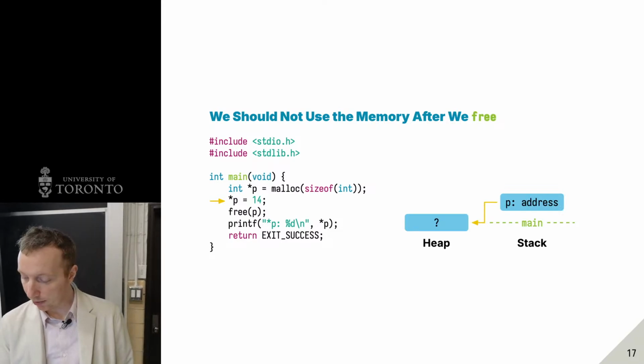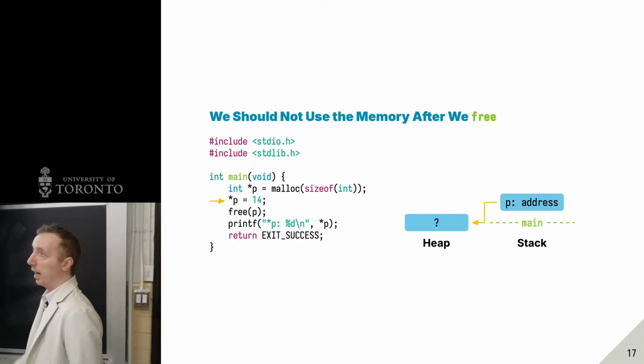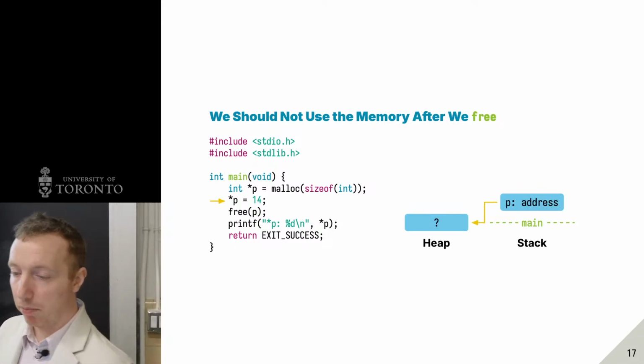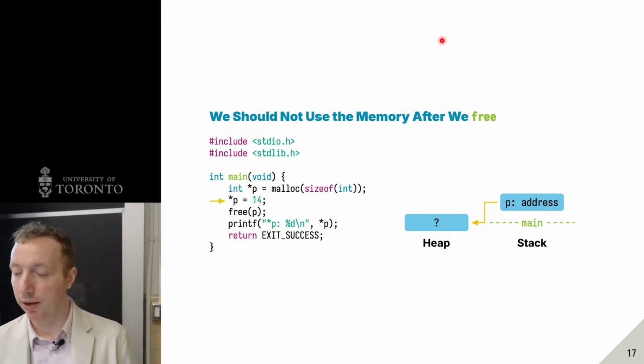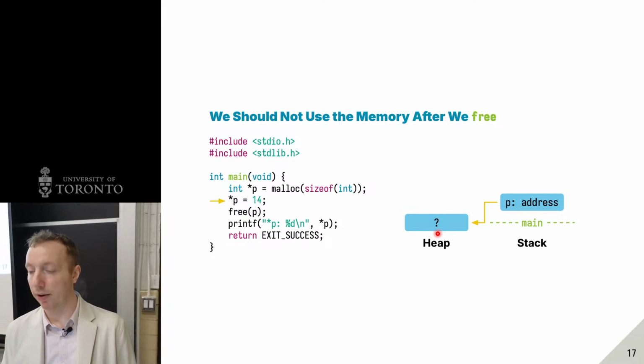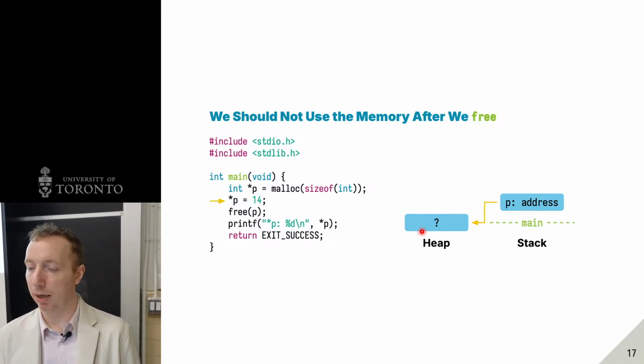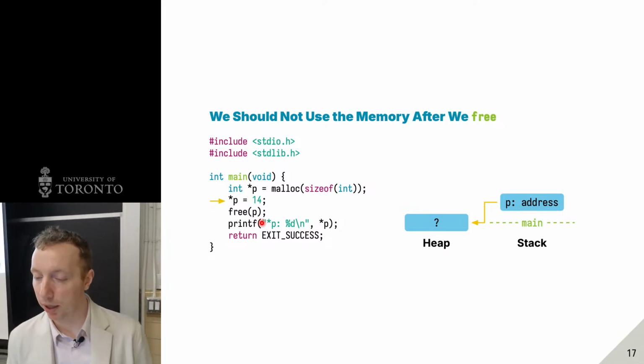If I execute this, I'll get an address back. That variable p will live on main's stack. It will be an address, and it will point to 4 bytes on the heap, or at least enough bytes on the heap to properly store an integer.